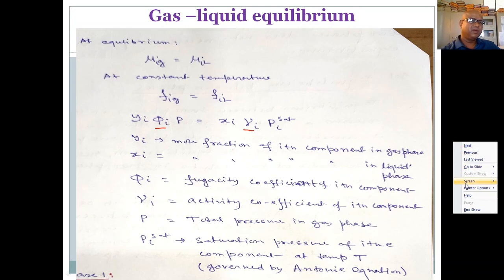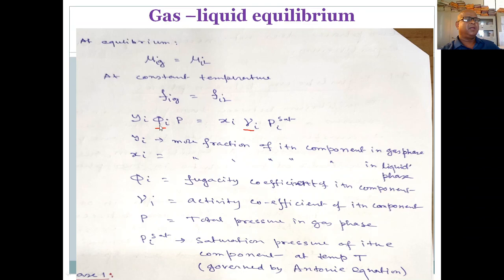Now these are very important parameters: the fugacity coefficient for the gas phase and the activity coefficient for the liquid phase, isn't it? This is the generic thing.